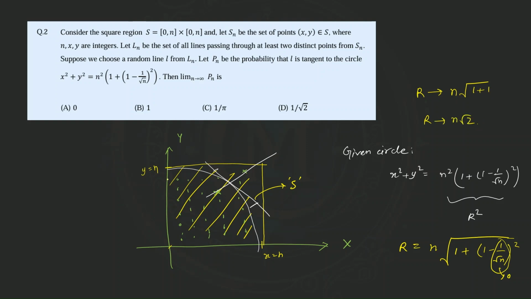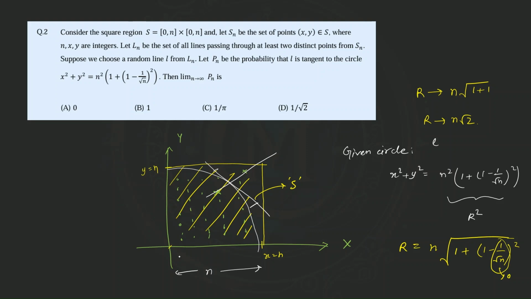Now consider this square region. The length of this side is equal to n, because we have this square region as [0, n] cross [0, n].